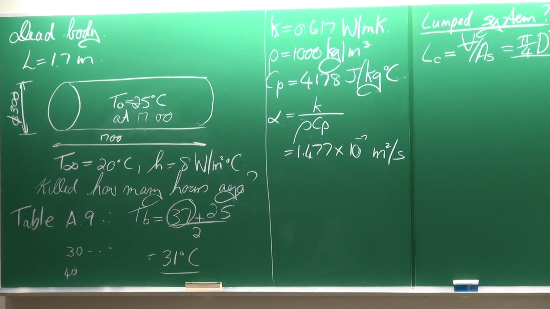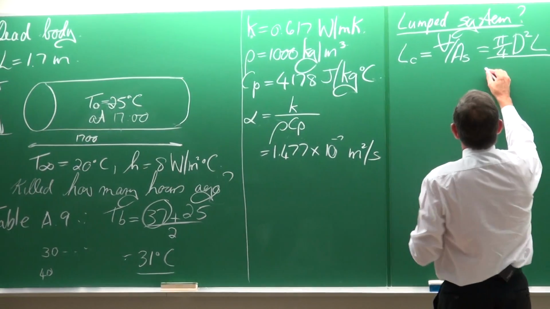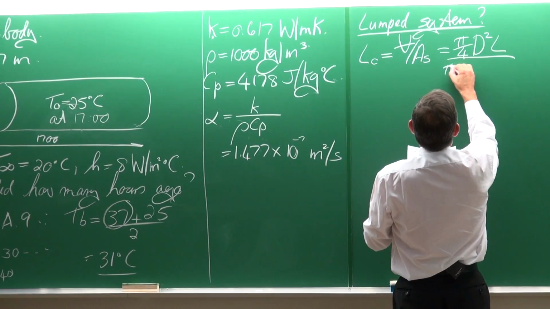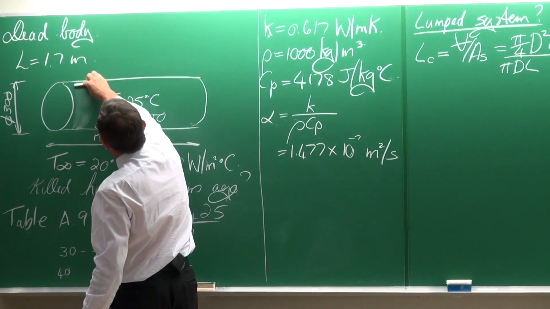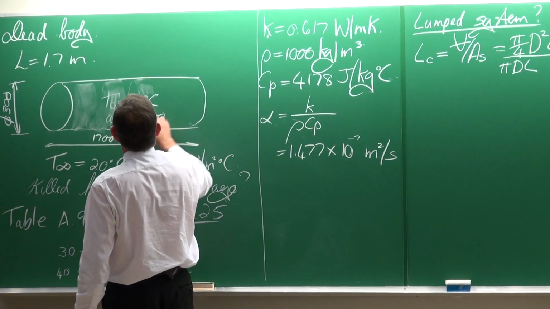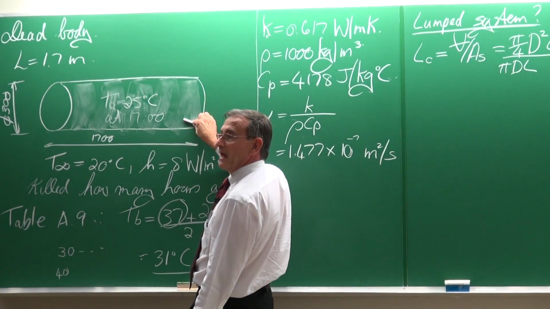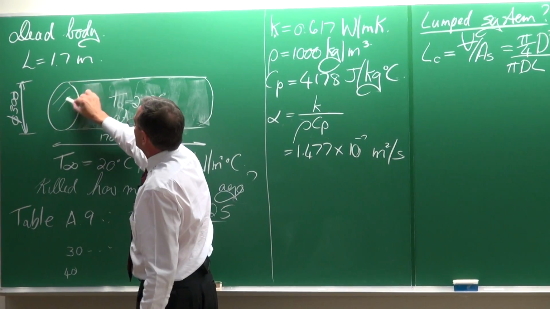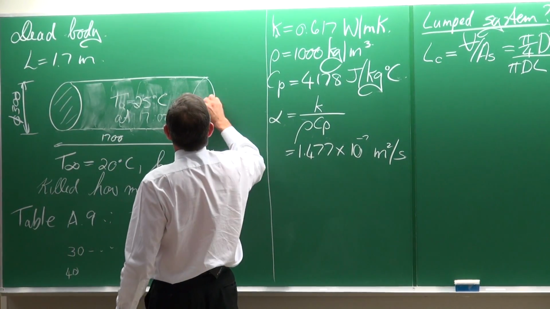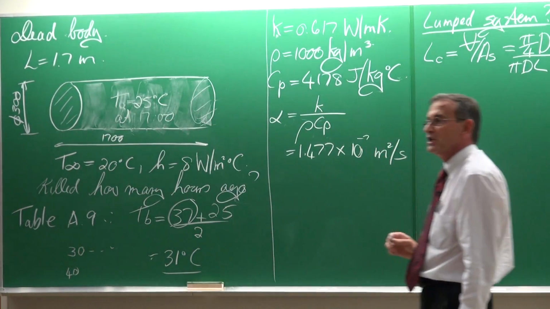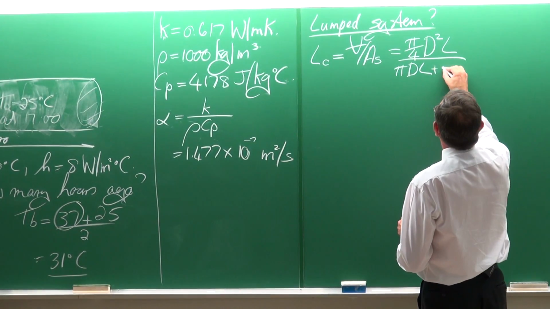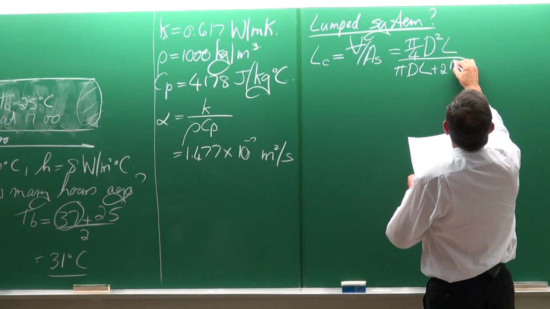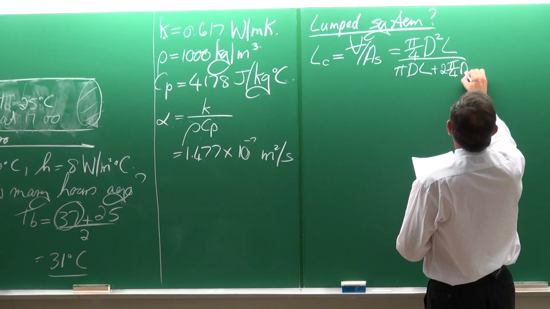The surface area would be pi dL. Pi dL would give us that surface area. But now we also have to take into consideration that surface area and that surface area there. You agree? So it is pi dL plus 2 times pi divided by 4 d squared.